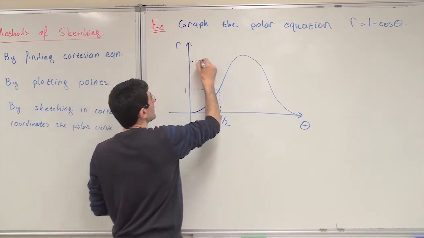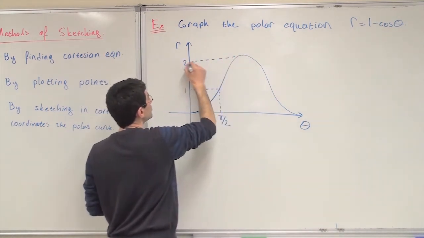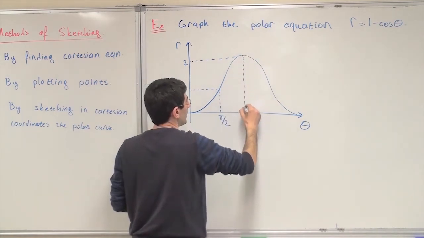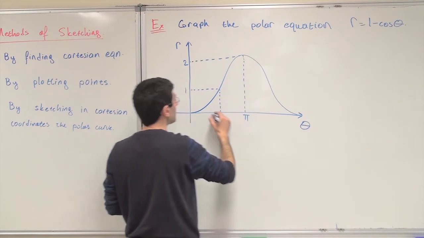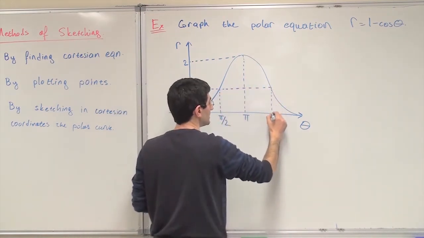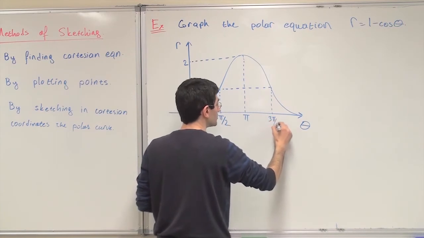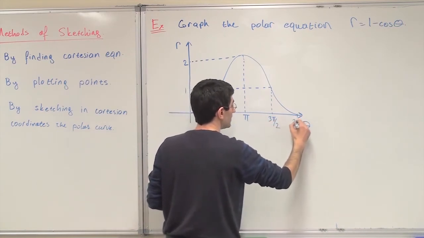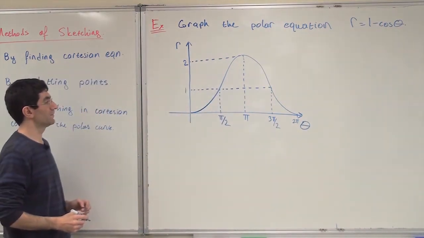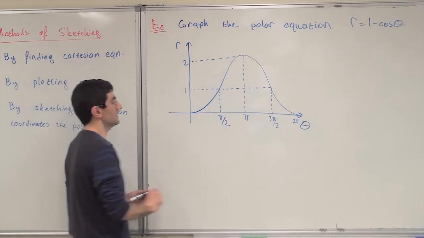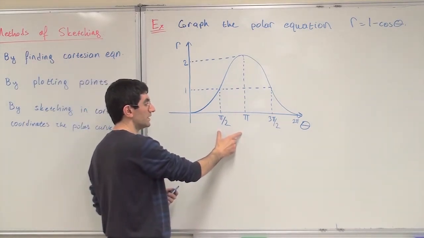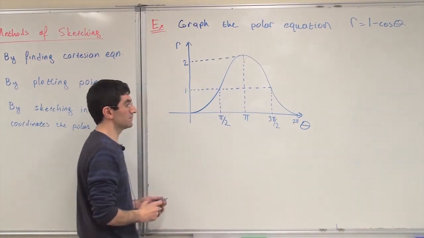Then it will give us 2 when theta is pi. It will give us again 1 when theta is 3 pi over 2, and at 2 pi we will find again 0 for r. So this is the sketch of the equation r equals 1 minus cosine theta in Cartesian coordinate system.